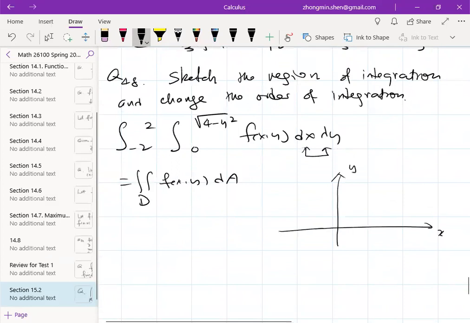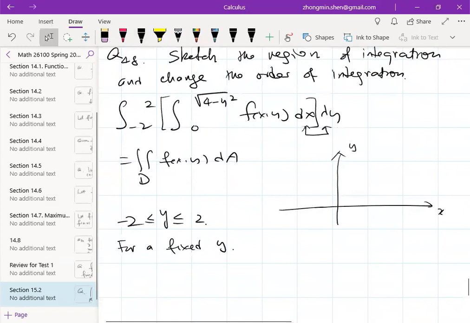How can I figure out the D? Look at this integral. Clearly the y variable is from -2 to +2. Then for a fixed y, the x variable is between 0 and 4 minus y squared.